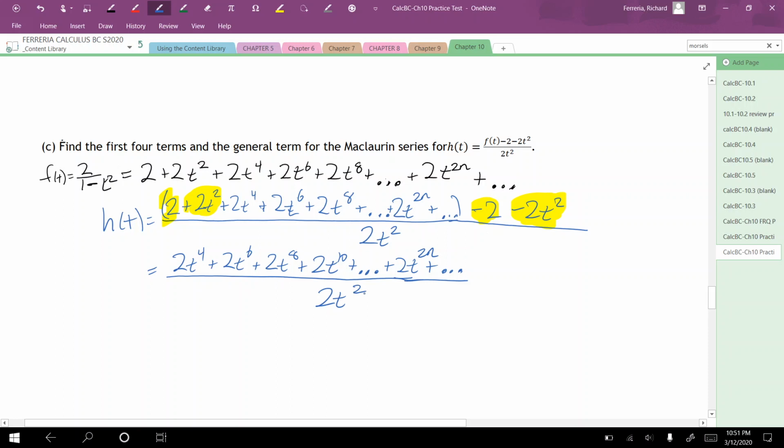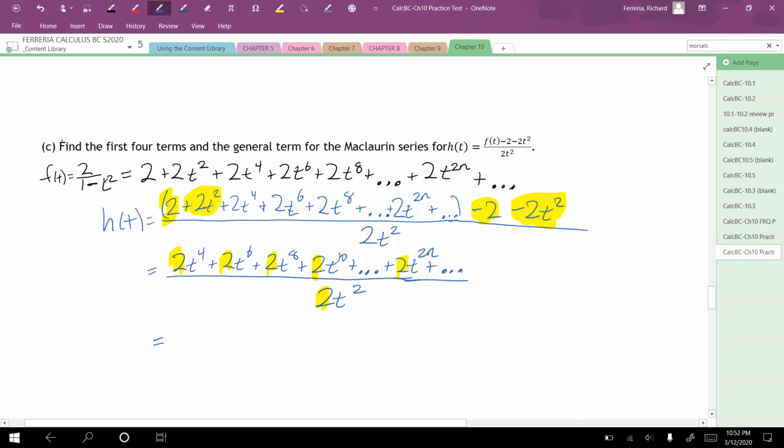Last thing I need to do is divide. So when I divide the 2, well, basically all those 2's are going to cancel out. And then when I divide by 2t squared, you're going to subtract 2 powers from every one of those t's.